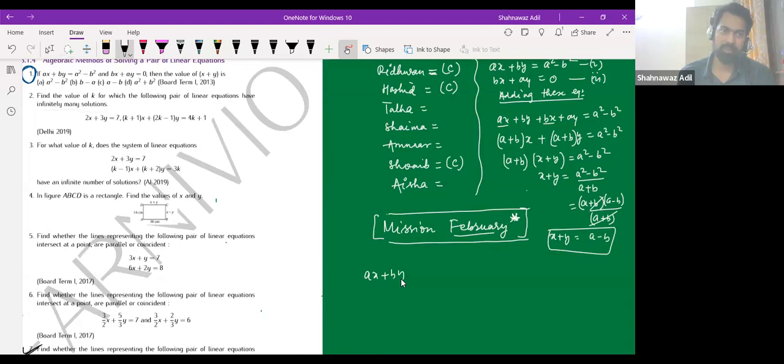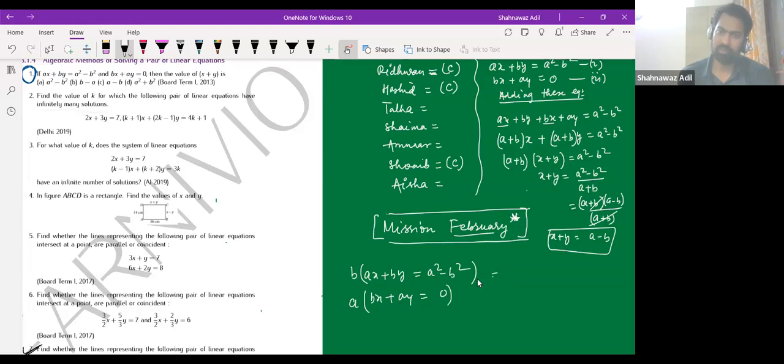Ax plus by is a square minus b square, and bx plus ay is 0. So we should multiply this with b, right? And this with a.